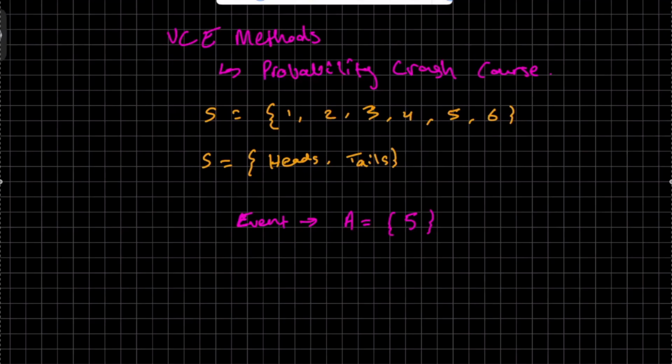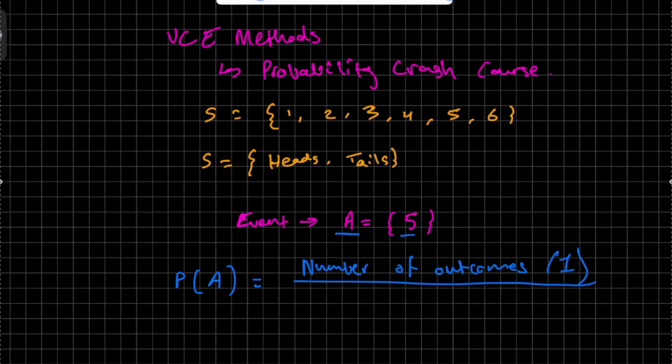Now, when it comes to calculating probabilities of certain events, the simplest way that we get to do this is by determining the probability of an outcome or an event A occurring. So our probability of A occurring would be equal to the number of outcomes in our event A, so that's only one in our case, one number, 5, and the total number of outcomes within our sample space.